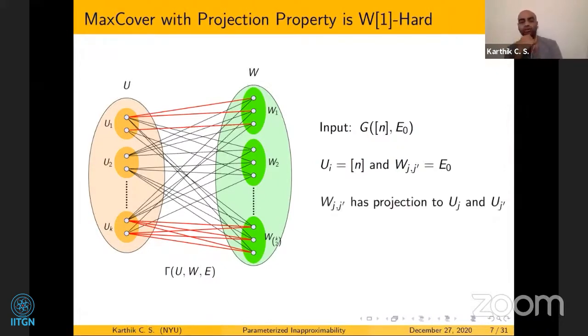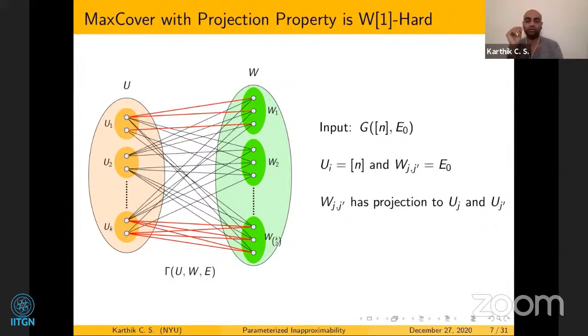And notice that in this particular construction, the only time I'm going to really care about what I put is when I have to look at the supernodes Wjj' and Uj, or Wjj' and Uj'. Because in this case, I actually put the membership graph of G. And if it's not, then I don't care, so I would just put all possible edges. This is the reduction we saw yesterday.